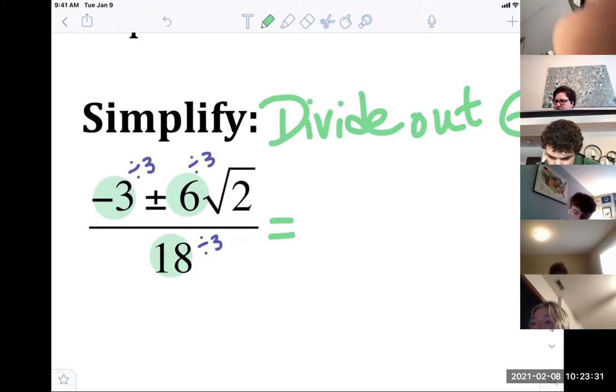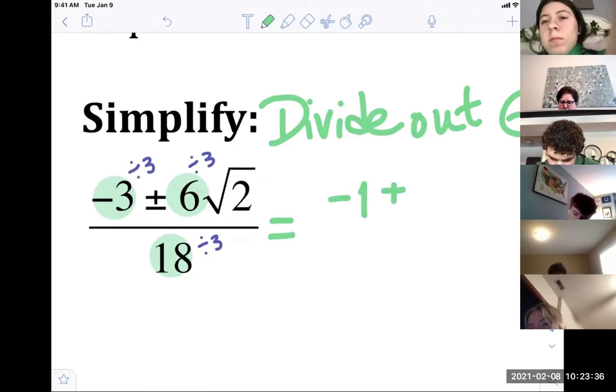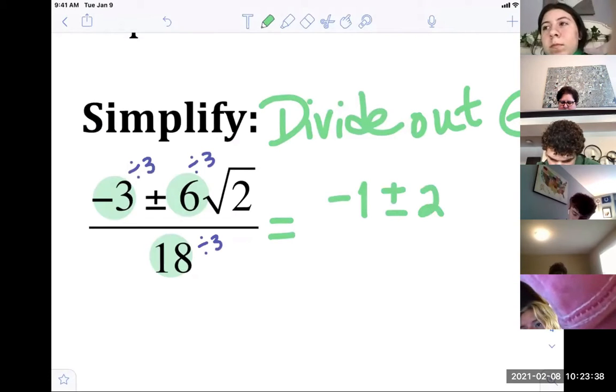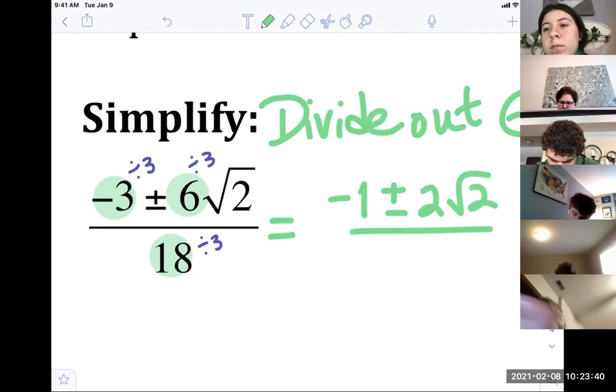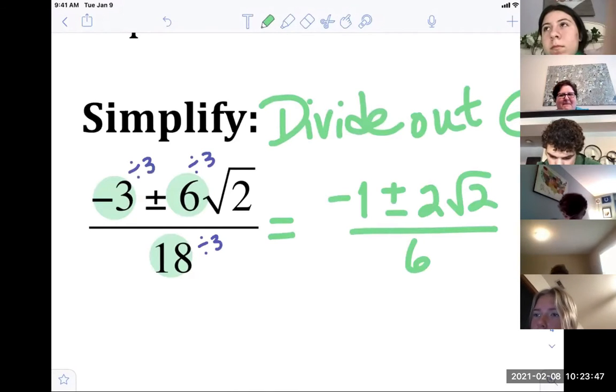It'd be -1 plus or minus 2 root 2 over 6. Okay, you don't sound very confident. Well, I get it now. I was just confused at the beginning.